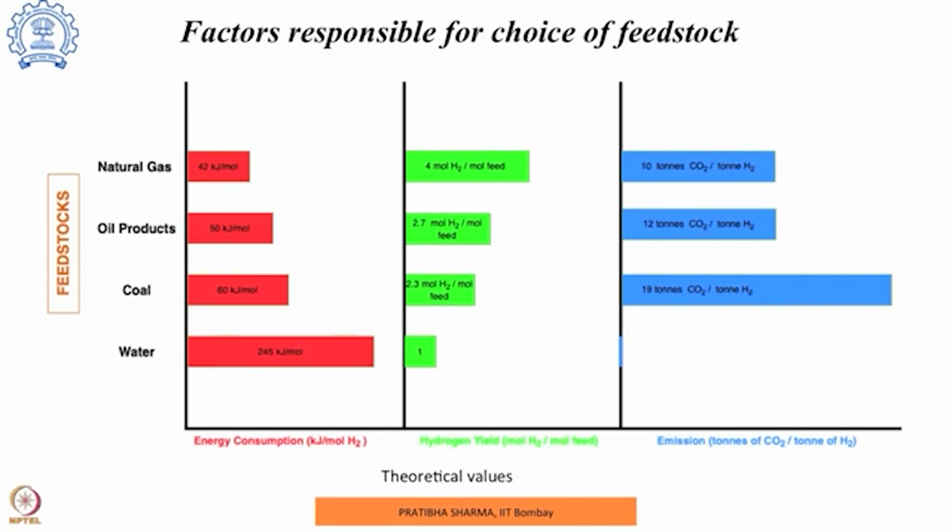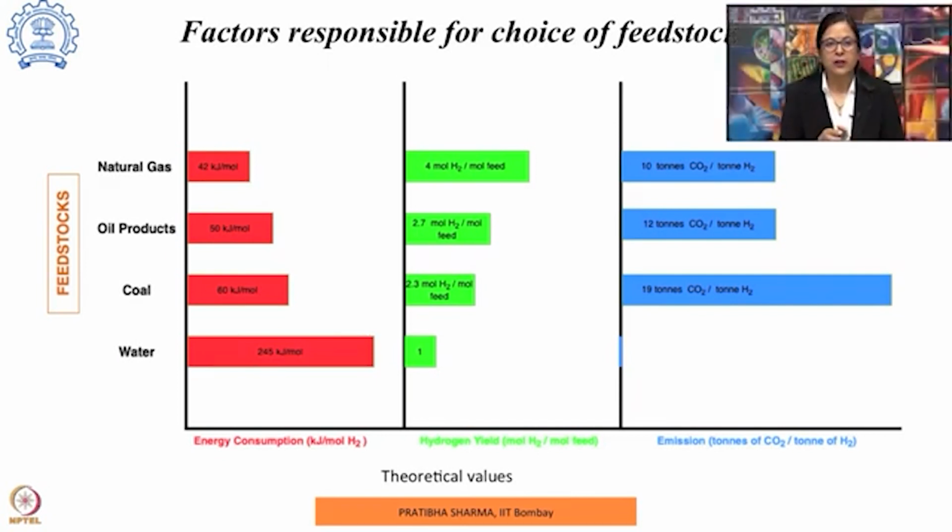Now, if we look at these numbers, the theoretical amount of energy required to produce hydrogen from various fossil fuels, as against from water by means of, say, electrolysis, the theoretical amount of energy required per mole of hydrogen produced is lowest if it is produced from natural gas, and the yield of hydrogen is high when produced from natural gas as compared to the other feedstock.